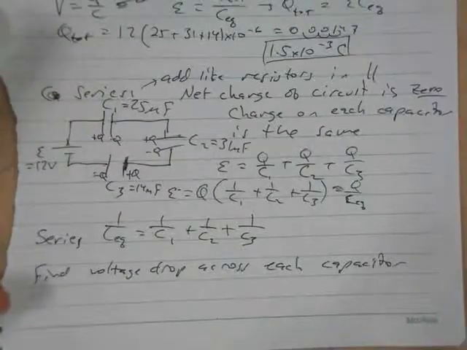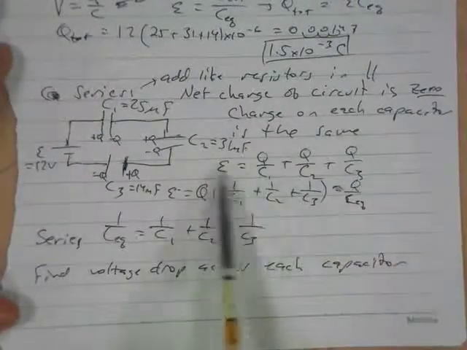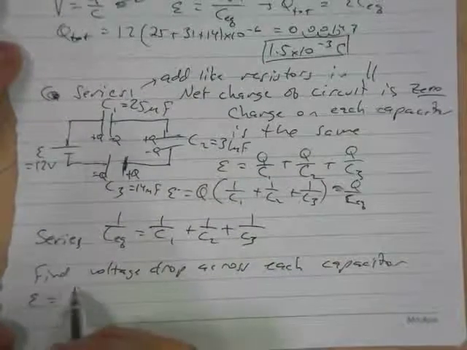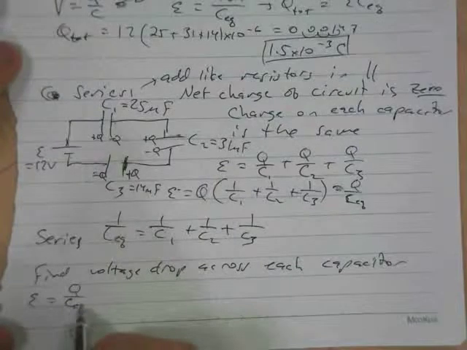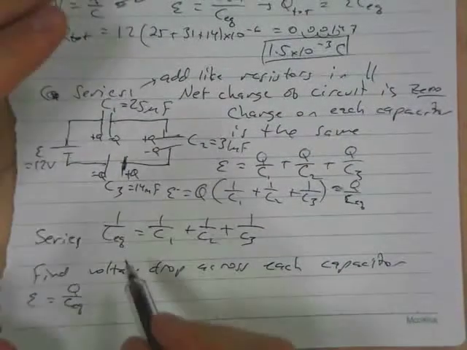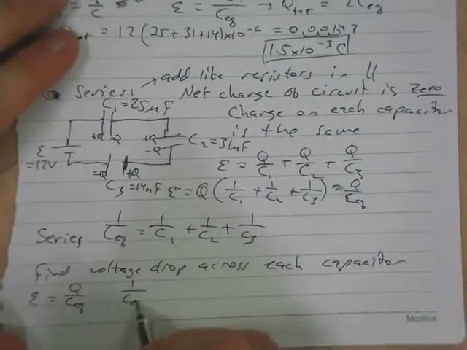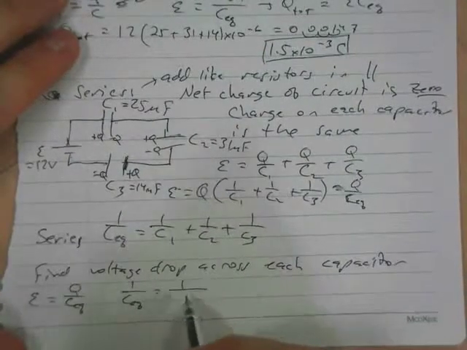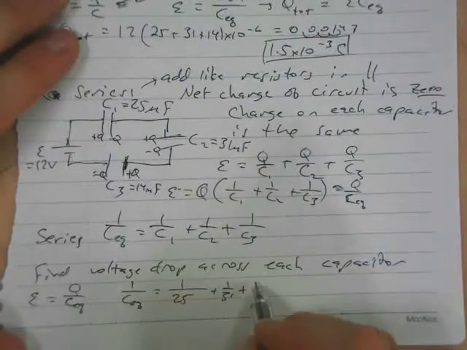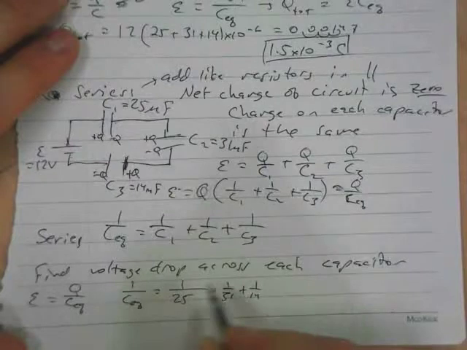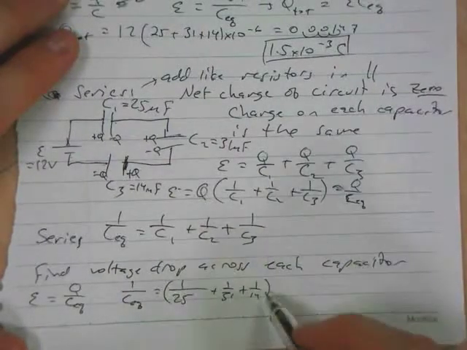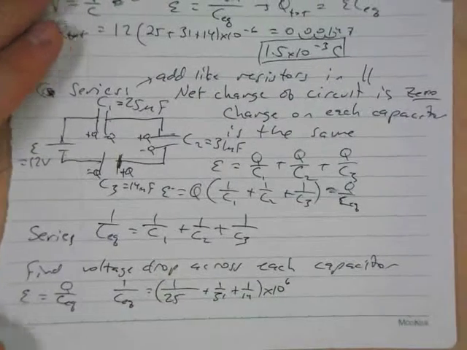Well, before we can do that, we need to figure out what the charge is on each capacitor. So we know that our EMF is equal to Q over the equivalent capacitance. And 1 over the equivalent capacitance is equal to 1 over 25 plus 1 over 31 plus 1 over 14, each times 10 to the minus 6, and that's in the denominator, so this is times 10 to the 6th.